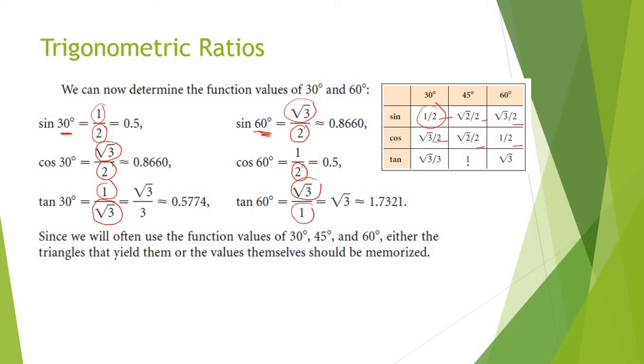If the given angles are 45, 30, or 60 degrees, most probably these will be the values you get. But the most important thing is that you know the concept of the opposite side, the adjacent, and the hypotenuse, which depends on the reference angle.